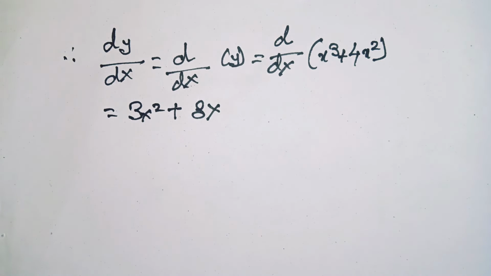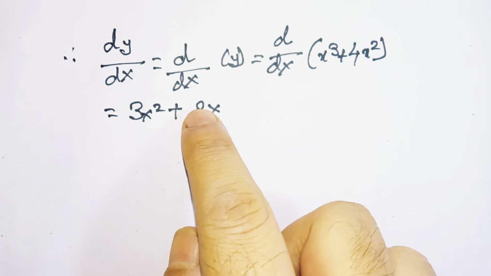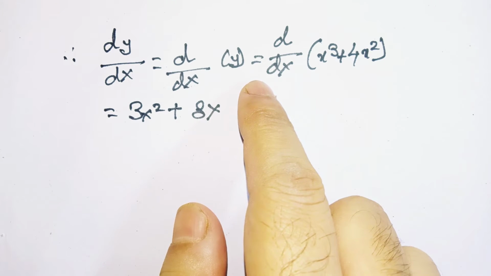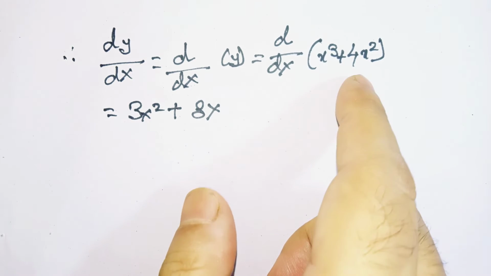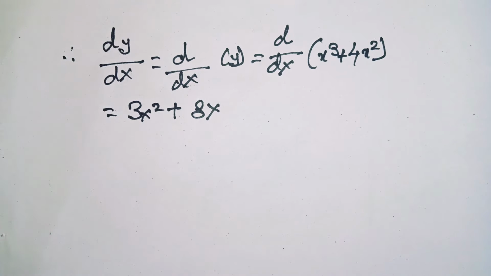So this summarizes in a nice way. I hope this is much clearer. So dy by dx equals d by dx of y, and d by dx of this one will be equal to 3x squared plus 8x.